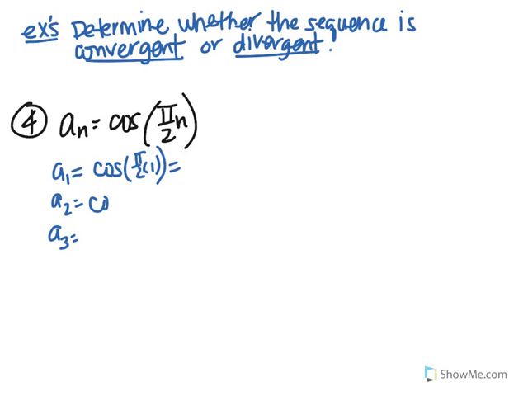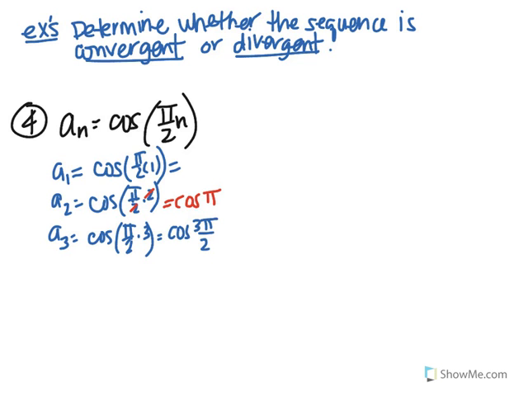And then for this one, I'm going to need to find cosine of pi over 2 times 2. Well, the 2's are going to end up canceling, so I need to find the cosine of pi. And then the next one, I'm going to plug in 3, so I get cosine of pi over 2 times 3. So that's the same thing as cosine of 3 pi over 2.